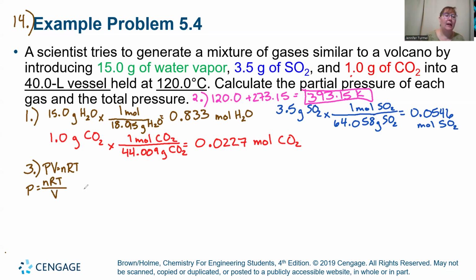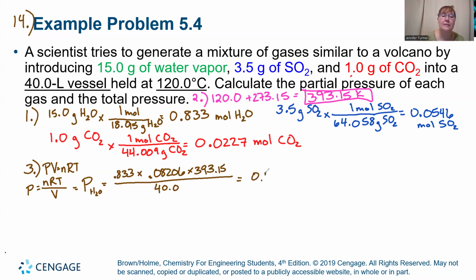For each gas, for our pressure of H2O, that will give us 0.833 times 0.08206 times 393.15 divided by 40 liters, which gives us a pressure of water of 0.672 atmospheres.